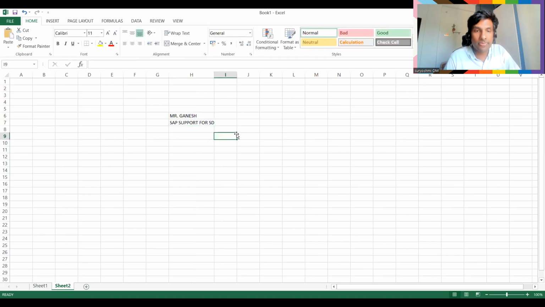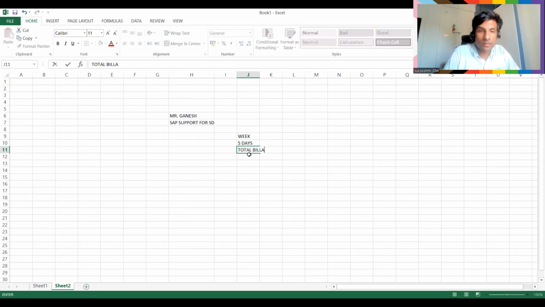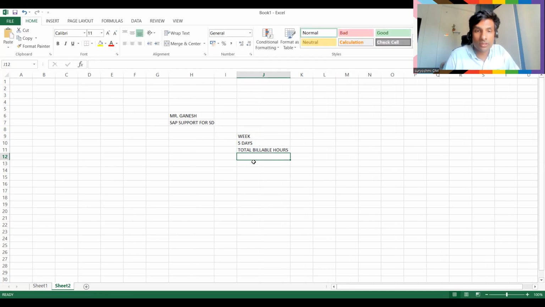For example, take a week. Every month we have 4 weeks, and you have to work 5 days a week. Mr. Ganesh worked 5 days, and he got an offer to work in a certain project. Generally, there are total billable hours in that project and total available hours.